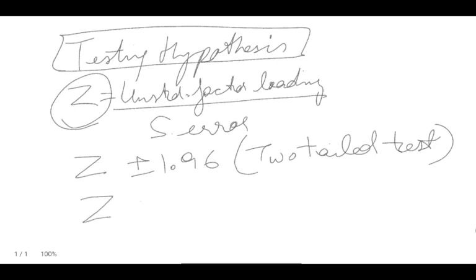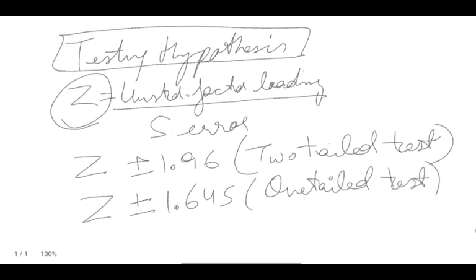In case of a one-tailed test, we check it at 1.645. So we say that the z-score should be more than plus minus 1.645. That means either more than 1.645 or lesser than minus 1.645 on the scale.